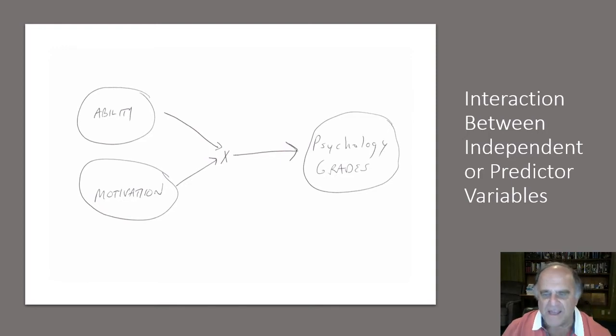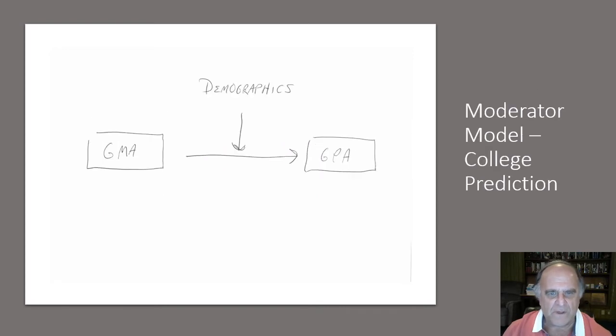So I would say this is a clear interaction between independent or predictor variables, but not necessarily a moderator situation. Now, here's what we would think of as the traditional moderator model. For example, one of the most studied relationships in psychology has been the relationship between general mental ability, often measured with things like the SAT or the ACT, and grade point average in college.